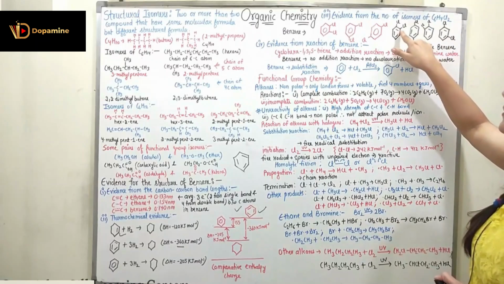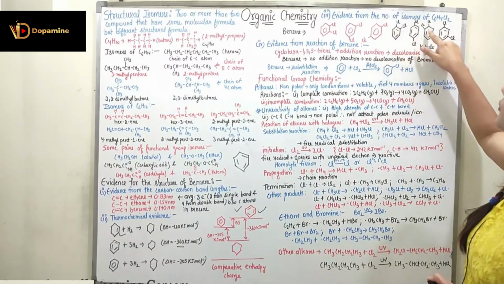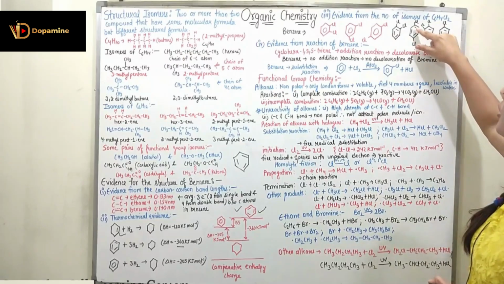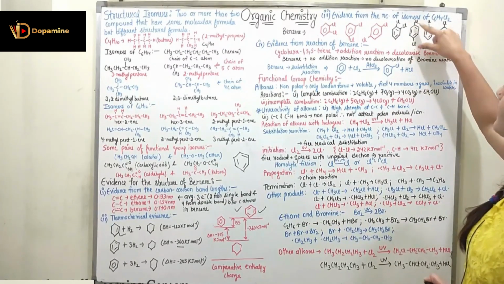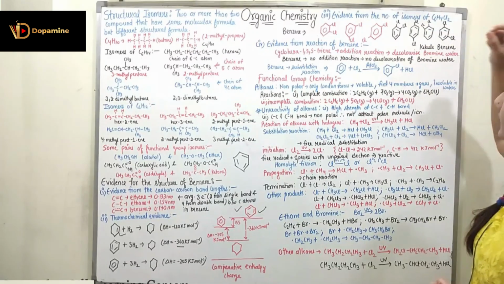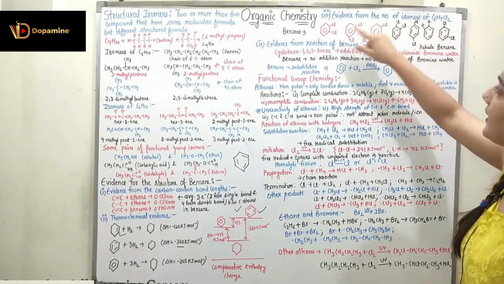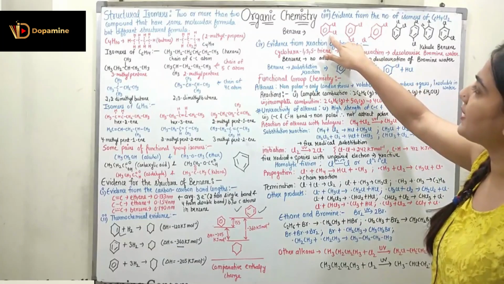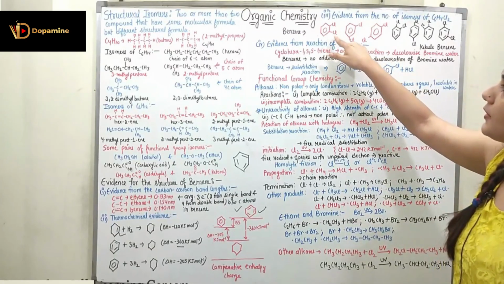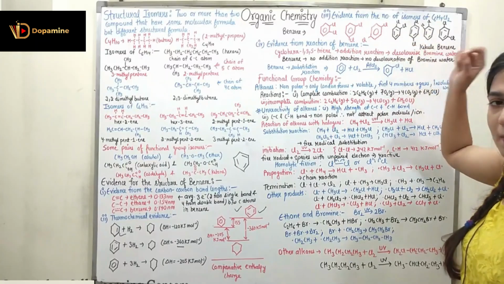So here in this double bond, the 2 chlorines are present on this double bond. The 2 chlorines here are present on the single bond. Here the 2 chlorines are present at 180 degrees, and here this is the location of 2 chlorines. Now these 2 chlorine isomers are different, but in benzene I have only one isomer which contains the 2 chlorines, because there is no such single bond and double bond in the benzene.